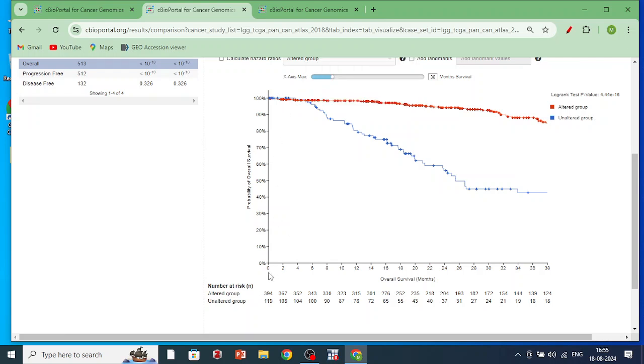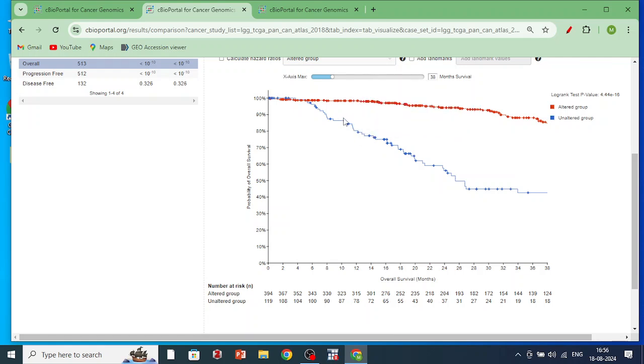So आप देख सकते हैं कि in the altered group there are not many deaths, but in the unaltered group you can see at several points there are gradual dips, and you can even see at which time points these dips are. So these dips actually denote deaths. So when any dip occurs, it means some death events have occurred.